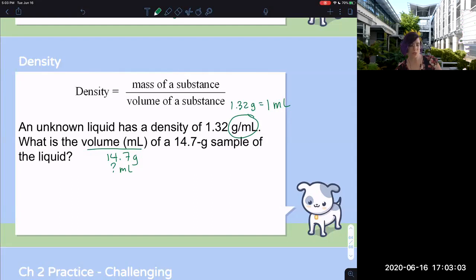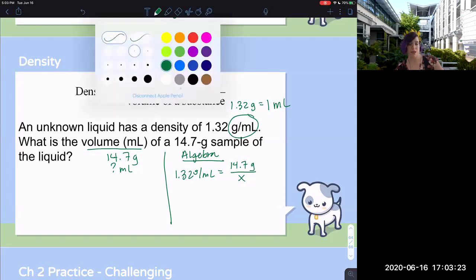Can you do this algebra style? Sure. Let me show you the algebra, and then I'll show you the conversion. So the algebra is 1.32 grams per mL is equal to 14.7 grams over x. Solve for x. A lot of people have problems solving for x in the bottom. How do I solve for x in the bottom? You can't.